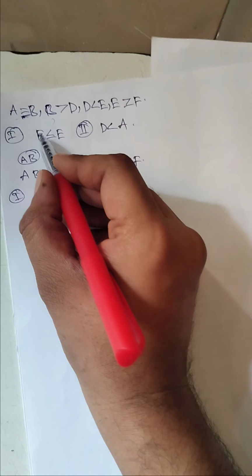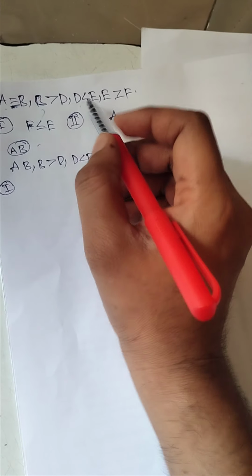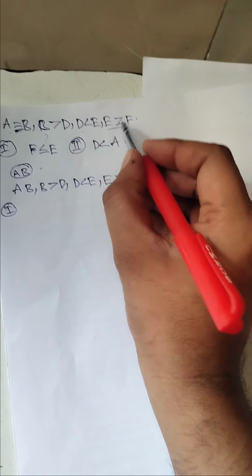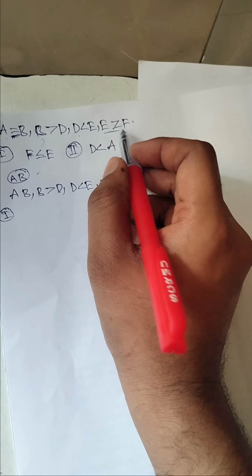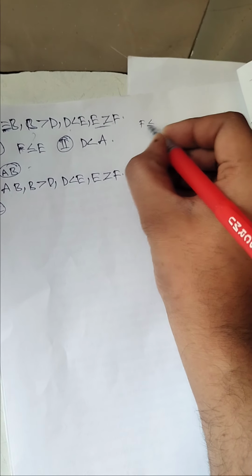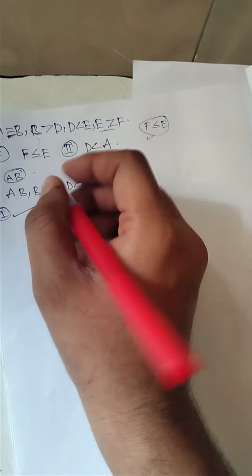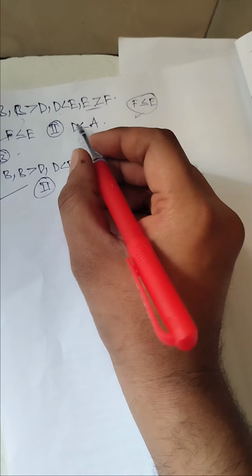So here, first, F less than or equal to E. Here, E greater than or equal to F, but it is also F less than or equal to E. Shall we write this? Yes, 100%. So statement 1 is this.